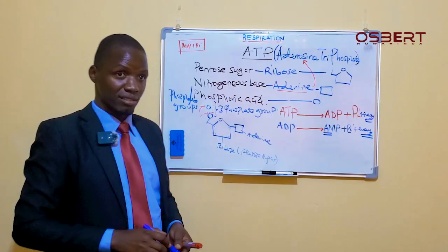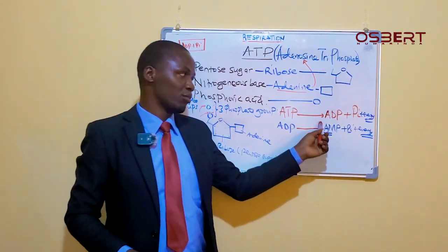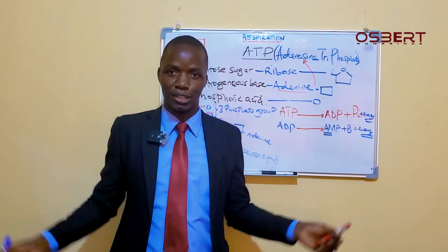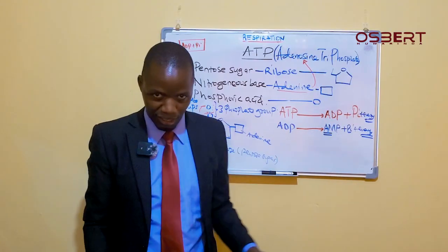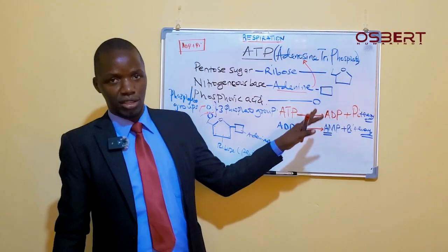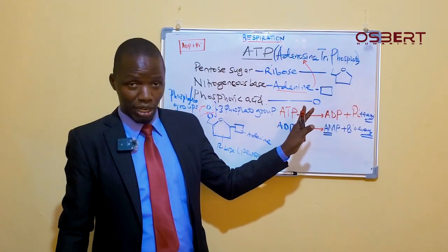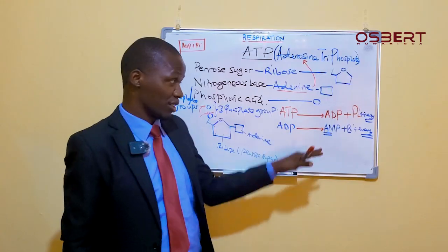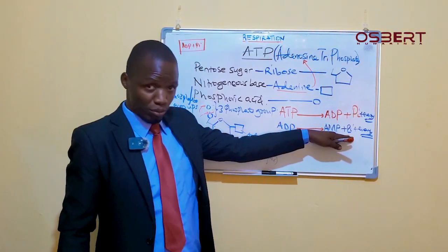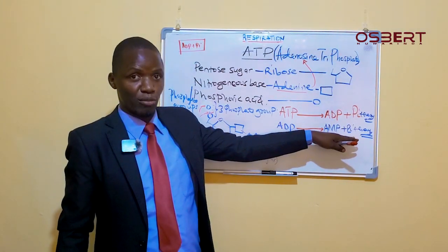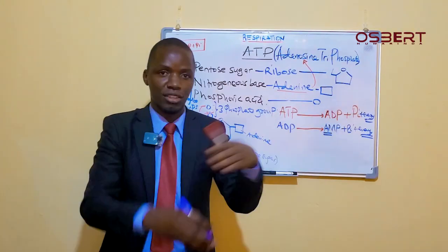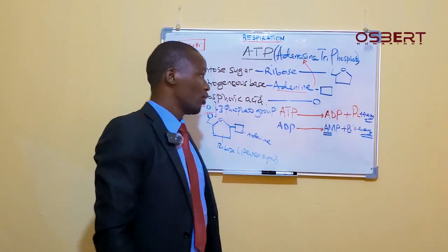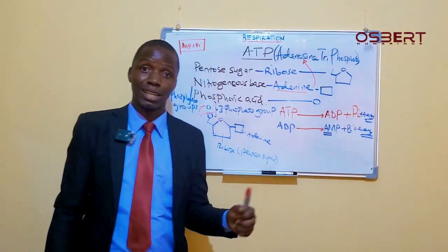Now beyond this, the moment this one breaks down, you will be splitting everything. At that point, ATP can no longer give us any more energy. So this is the minimum we can go. If we go beyond this, you are breaking the whole structure down. So that's how ATP does the work.